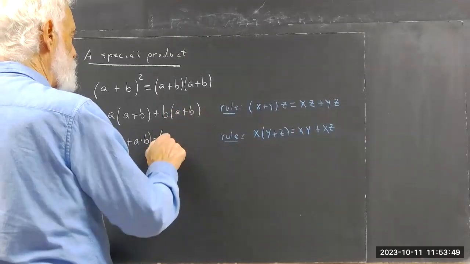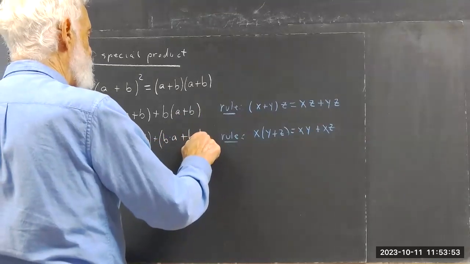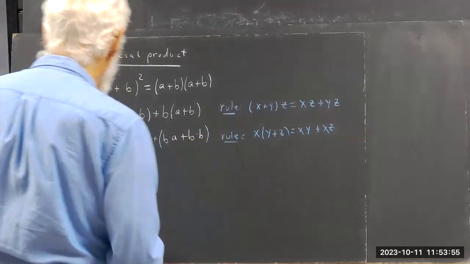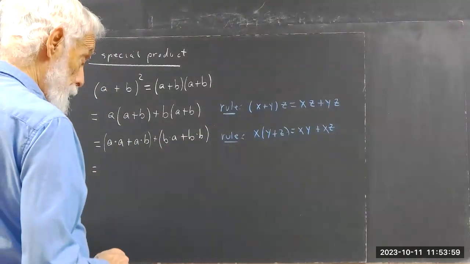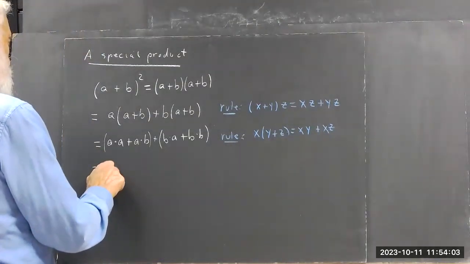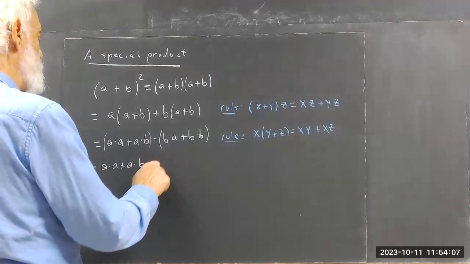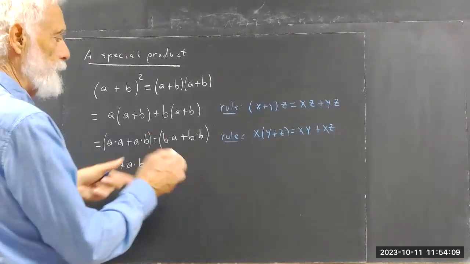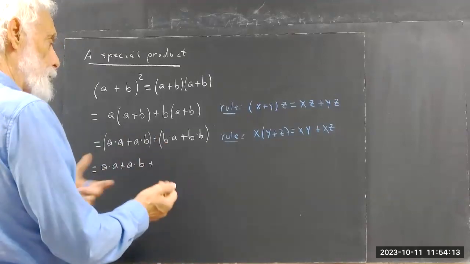B times a plus b is b times a plus b times b. Well, that could be simplified. You have a times a plus a times b. B times a is the same as a times b because multiplication doesn't depend on the order.